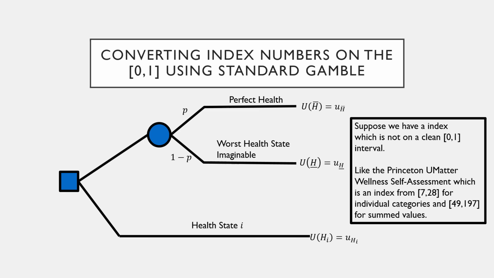We're going to suppose that we don't have a clean index here. We're going to be thinking about something like the Princeton U-Matter Wellness Self-Assessment, which is an index from 7 to 28 for individual categories and 49 to 197 for summed values. So this is something that is clearly a mess. How do we deal with this?